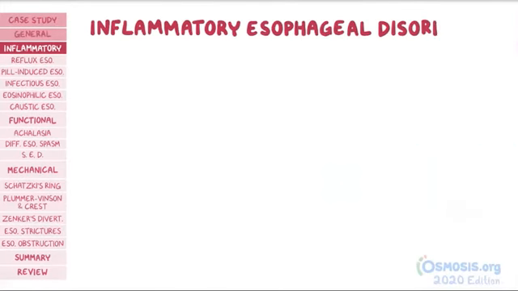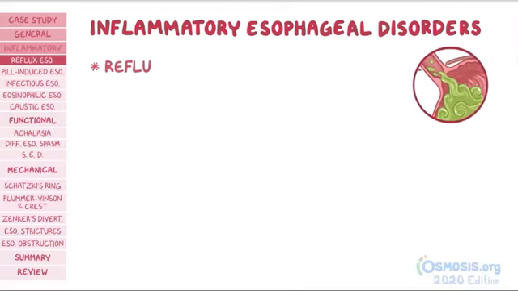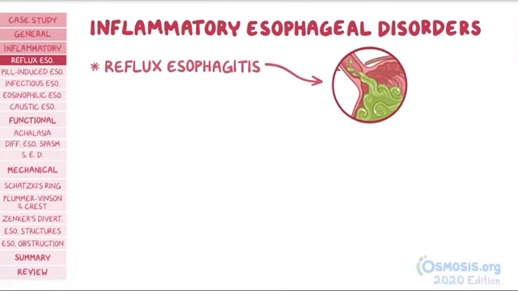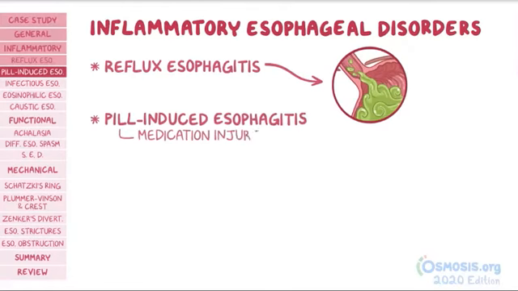Inflammatory esophageal disorders, also known as esophagitis, are characterized by an inflammation of the esophageal lining, and based on the cause, they're also subdivided into several types. First, there's reflux esophagitis, which is associated with the reflux of gastric acid from the stomach back into the esophagus. Alternatively, there's pill-induced esophagitis, where a medication injures the esophagus, thereby causing inflammation and possible upper GI bleeding.